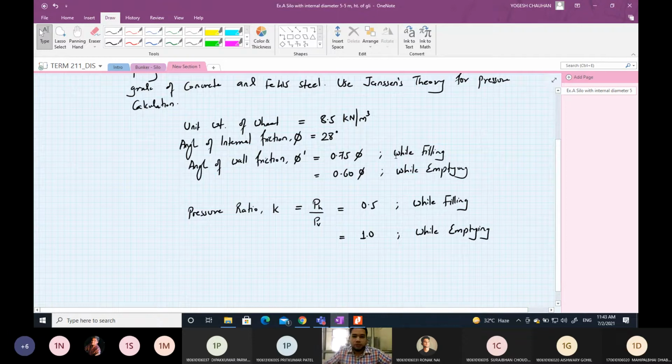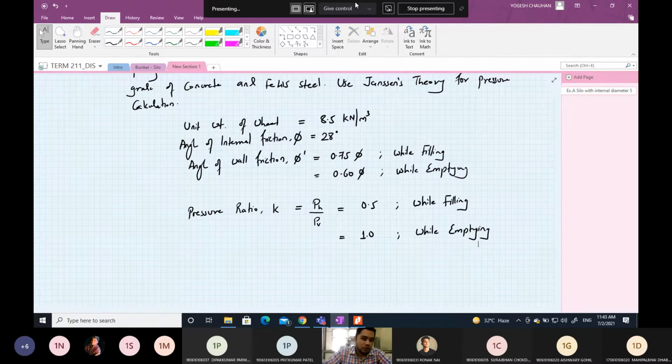now the dimensions of the silo are given.